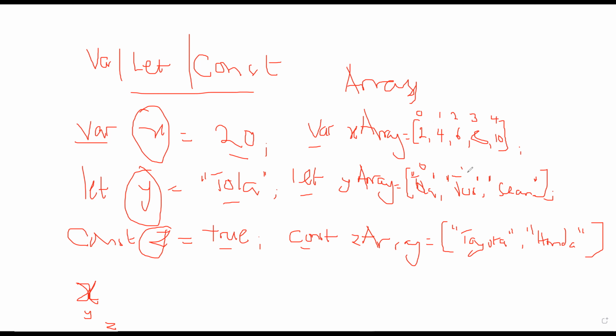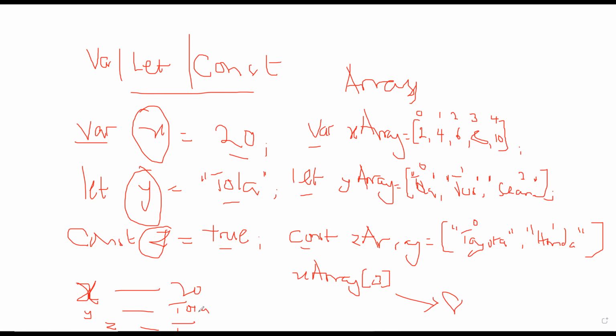So if I want to call the value of 8 here, I will say X array, square bracket 3. And this will give me the value of 8. This one will give me the value of 20, the value of dollar, and the value of true.